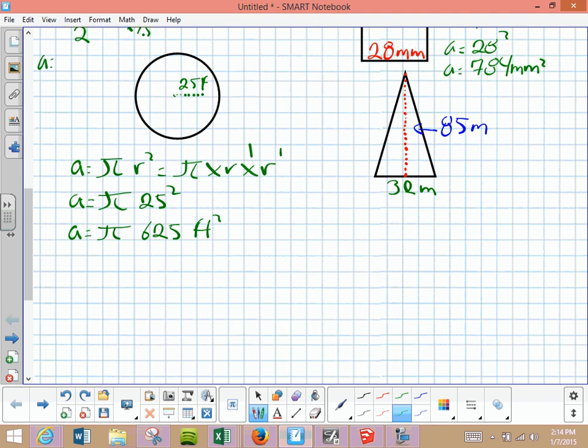Other times they'll want you to work it out all the way. So you have to put 3.14 times 625. What do you get there? It's like a long number. 0.5? And that's square feet, right? And that will be your answer.